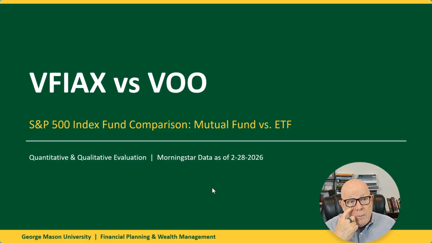So let me give you an example. So this is comparing two Vanguard funds. So the one I showed you the Morningstar report on is the Vanguard Admiral S&P 500 fund. That's the ticker symbol. Typically, mutual funds have a 5-letter ticker symbol. ETFs have 3 or 4-letter ticker symbols.